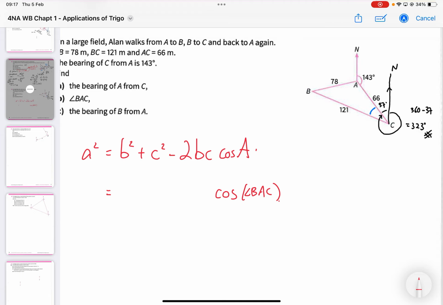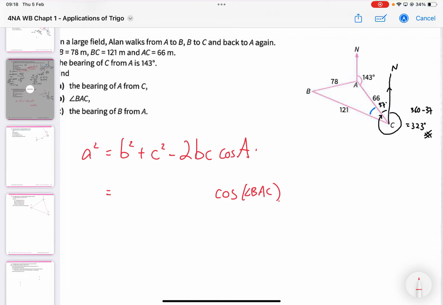Okay? Then if angle BAC is A, then what is opposite the angle must be the small a. This is the only thing that is important. If I put this angle as A, this opposite side must be this small a.